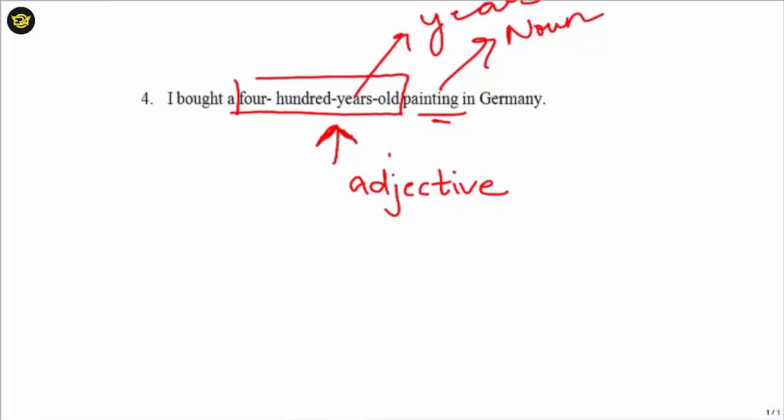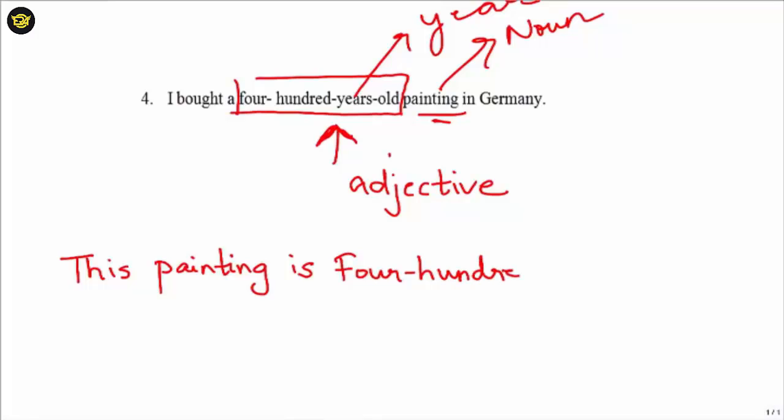Now, if I were to say that the painting is these many years old, like let's say, this painting is 400 years old. What are we doing over here?